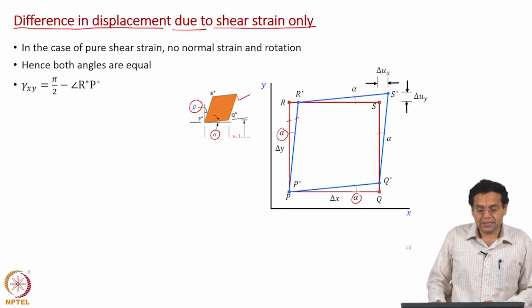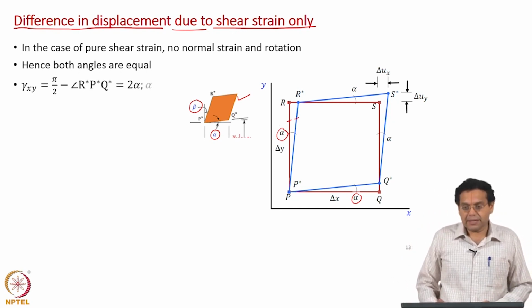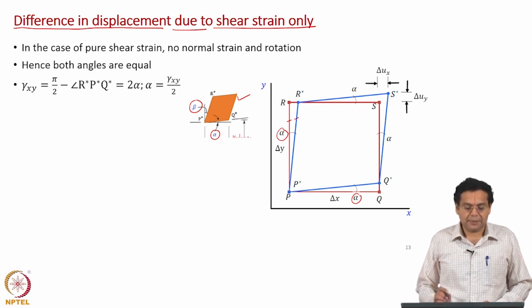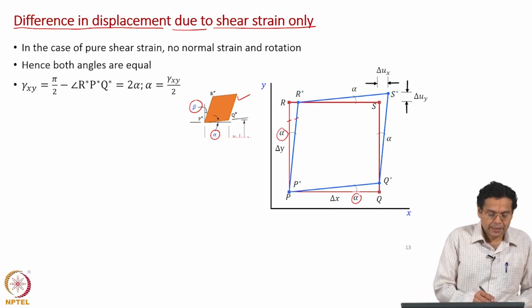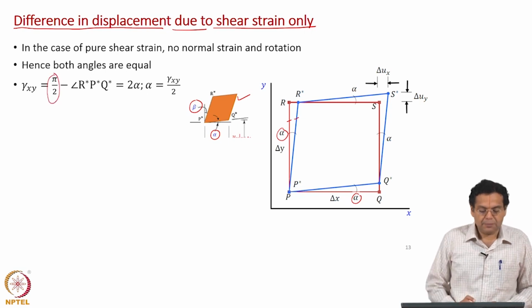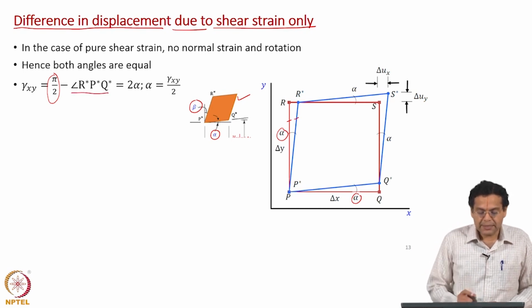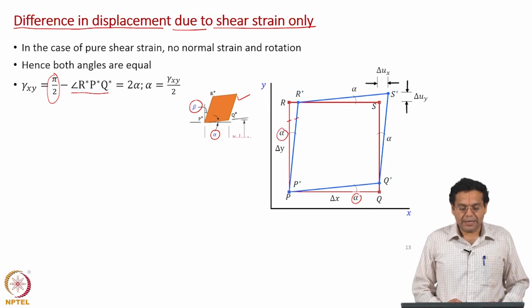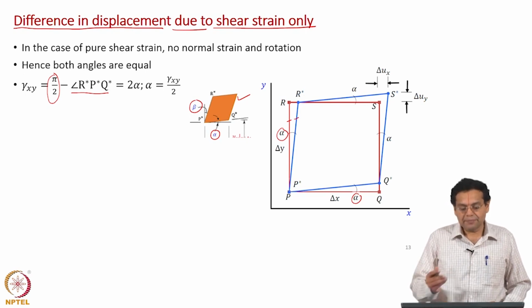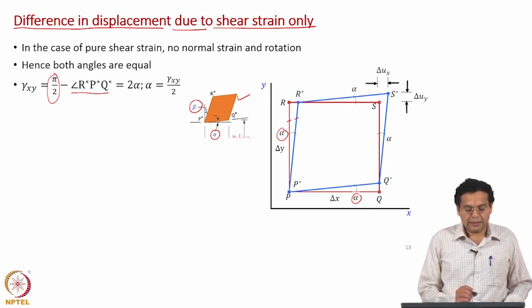We defined shear strain as gamma xy is equal to pi by 2 minus r star p star q star, that is, the angle between two perpendicular line elements in the initial state, which is 90 degrees or pi by 2 radians, minus the angle between those two line elements in the final state, and that is how we define gamma xy.